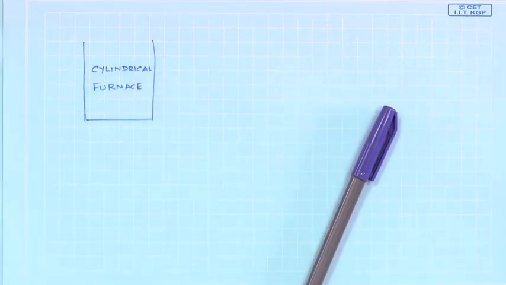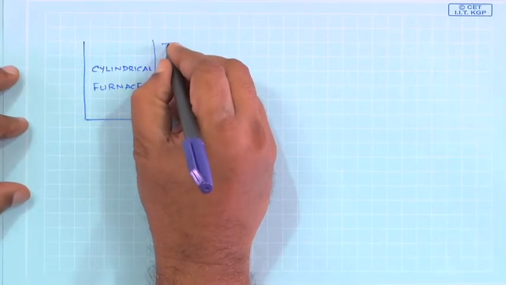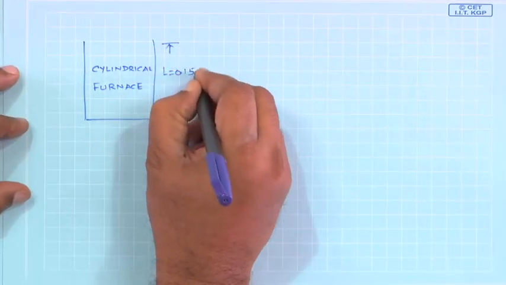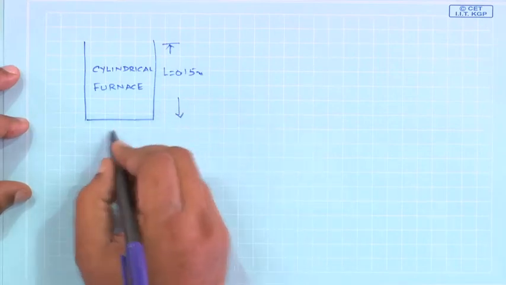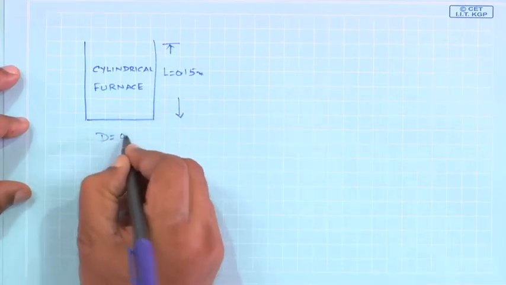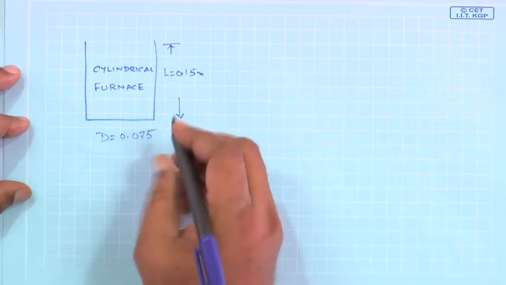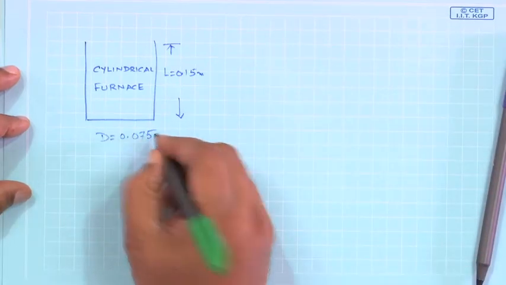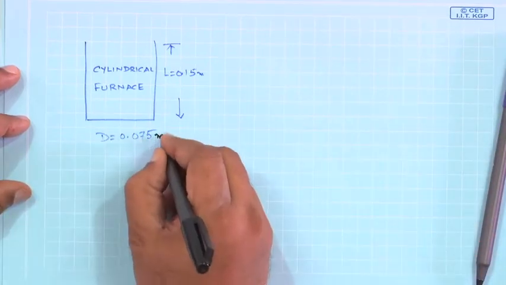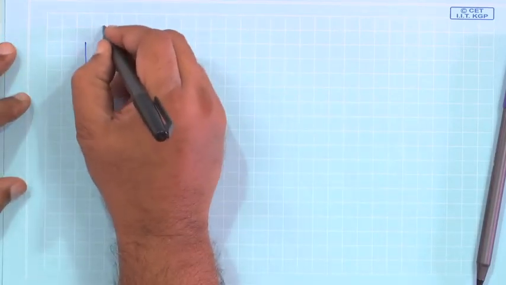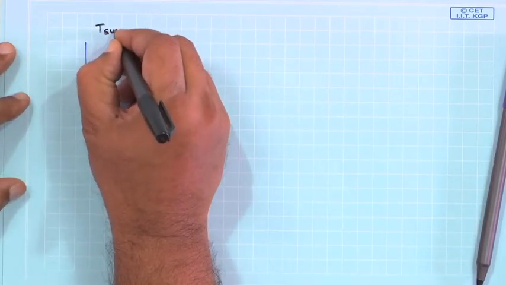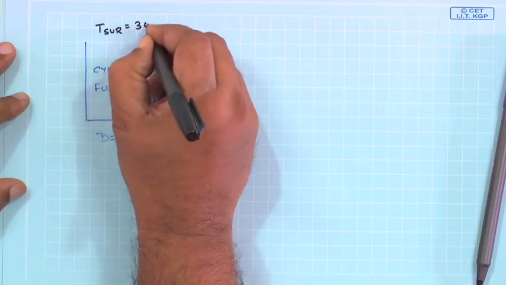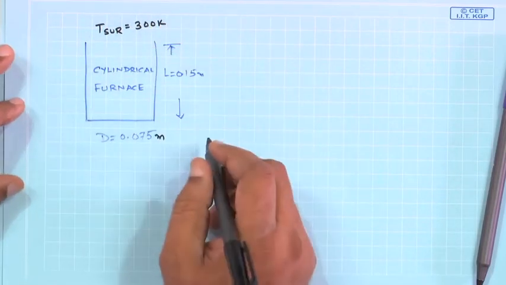So, this is a cylindrical furnace whose length is 0.15 meter. Diameter is 0.075. This is open to the surrounding temperature.